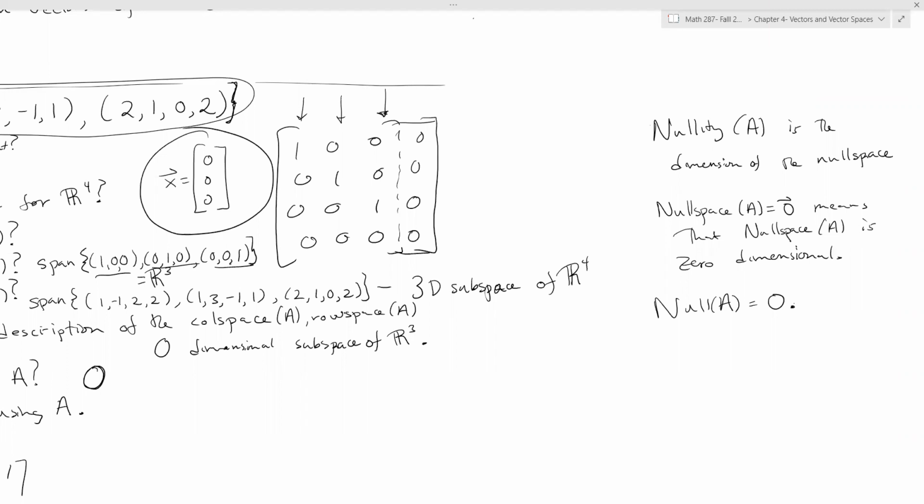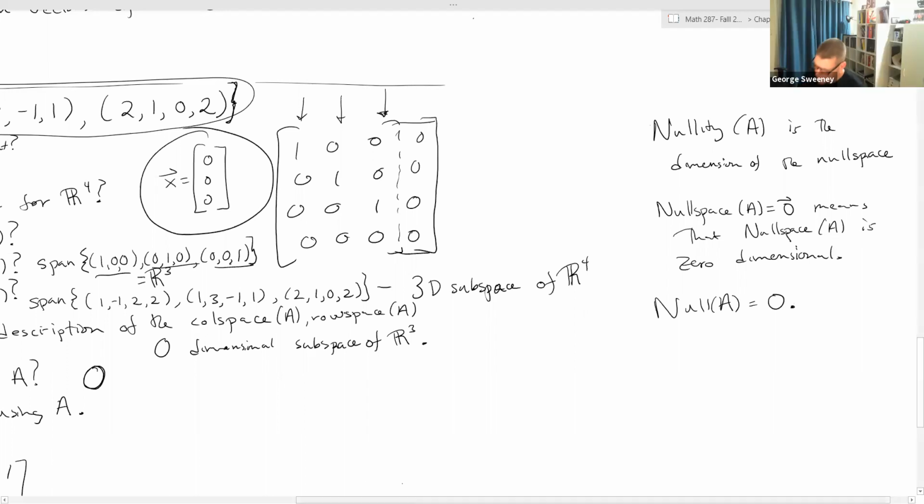Professor, may I ask? Yeah, go on. So for the null space, the geometry of the null space is a 0-dimensional subspace of R3 or R4? It's of R3. And here's why.